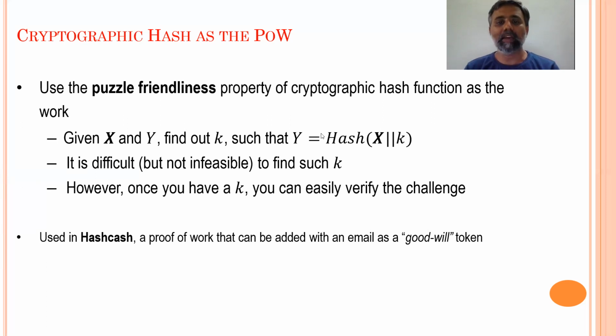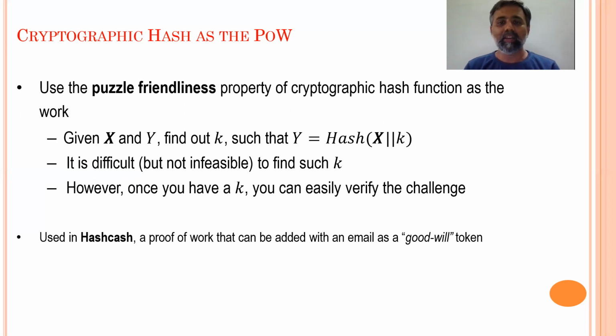X and Y are given to you, and you have to find this value K. That means a message X is given, and after computation, the hash code Y is given. The hash function applied to find the hash code is also given, and you have to find this value K.